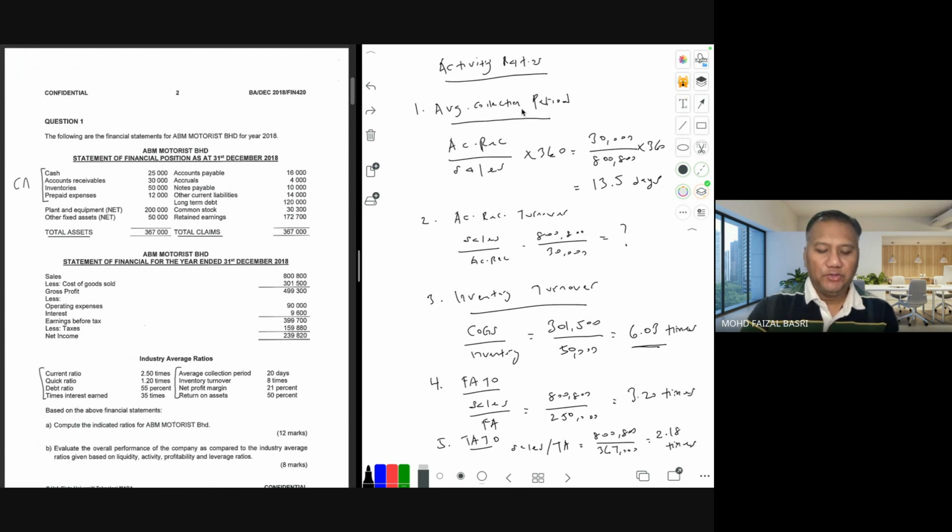So for activity ratios, we have 5. Ada 5 kat sini. Again, dia tanya 2 out of 5. So dia ada ACP, average collection period, and inventory turnover. Alright. So imagine lah, during that time, you have to memorize the ratios, but you don't know which ratios will be out during the final. Okay, and ratios punya formula is not given during the final exam.